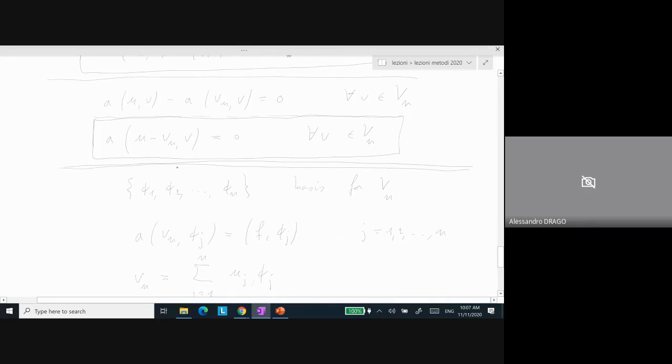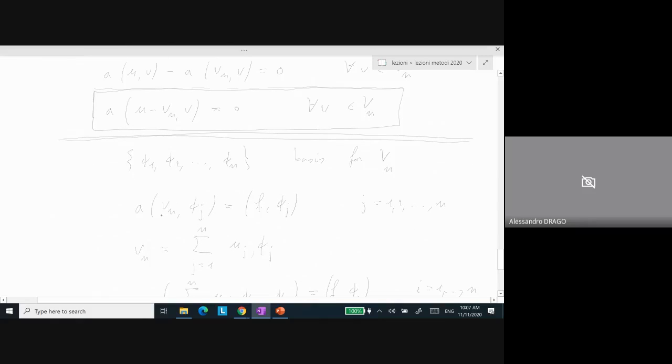At that point, of course, we don't need to refer anymore to this V, in the sense that we have this finite dimensional basis, phi 1, phi 2, phi n. So to say that this is true for whatever V belonging to Vn means that I check for each of the elements of the basis and I am happy.